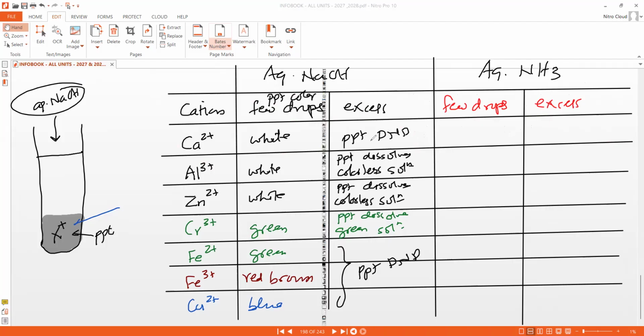Okay, so first we will see few drops in all. So in aqueous ammonia, calcium ion does not form a precipitate. Or in some cases, it says very, very slight precipitate, but you can safely say no precipitate. Aluminium and zinc continue to give you white precipitate.